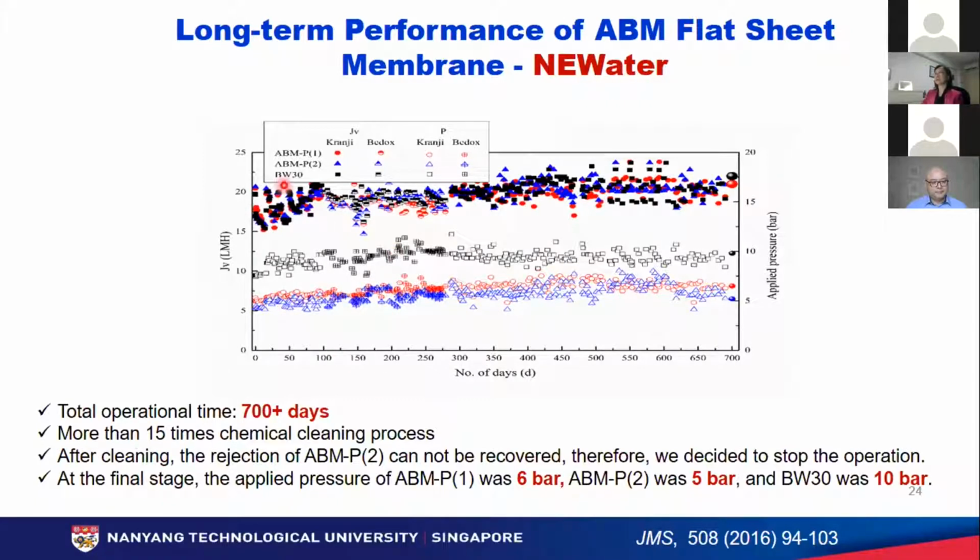Compared with the commercial membrane BW30, three pieces of coupon membranes were put in the same setup, run in parallel under the same conditions to achieve 20 LMH water flux. But our membranes only need 5 to 6 bar pressure, and the commercial membranes need around 10 bar pressure. This operation lasted non-stop for 700 days, nearly 2 years of data. It gives us confidence that this membrane works.